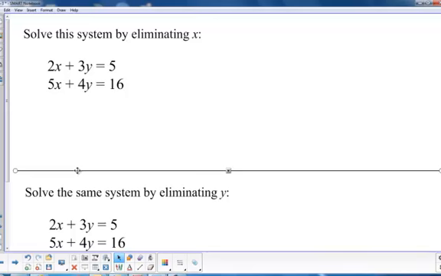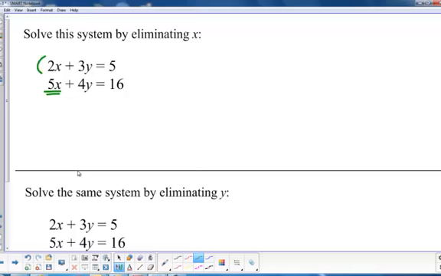All right, next we're going to see that we can't just multiply the top. We have to multiply both. Okay, so I'm going to look at my x's. I'm going to make them both a 10.